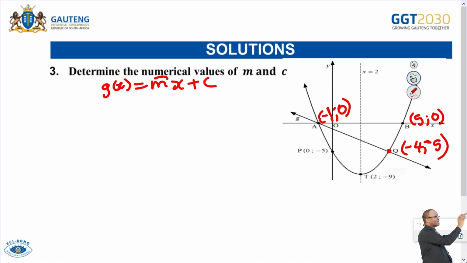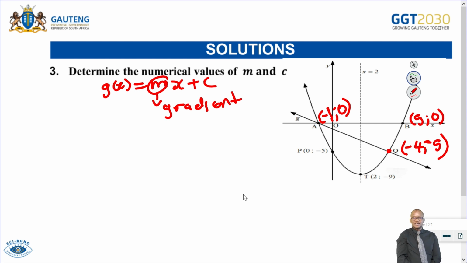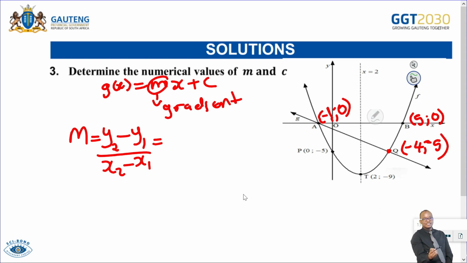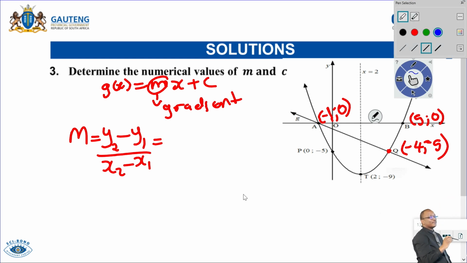We know that m is your gradient. How do we determine the gradient? It's simple. We look for the gradient formula in our information sheet. So m for gradient is equal to y2 minus y1 all over x2 minus x1. Correct? Then we have 2 points that are passing through your straight line.